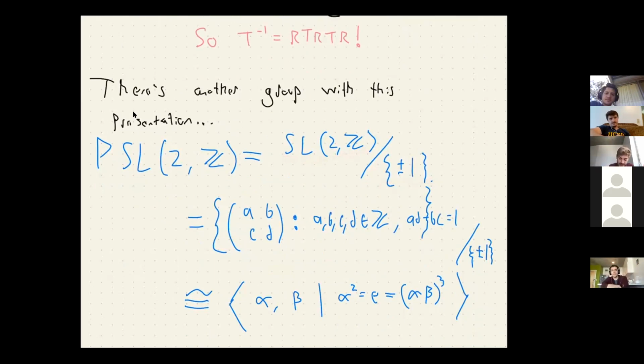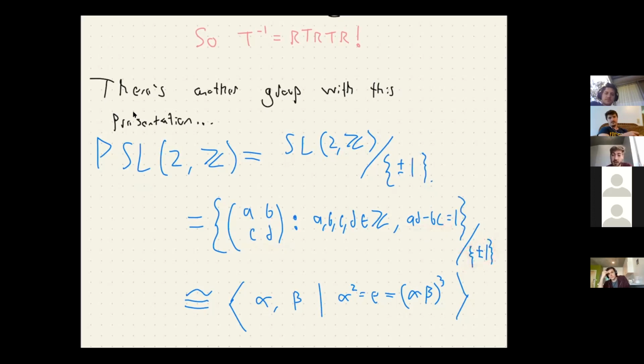And so what is that? Just to be sure, that's the group of all invertible matrices with integer coefficients whose determinant is 1, and then again, we just mod out.